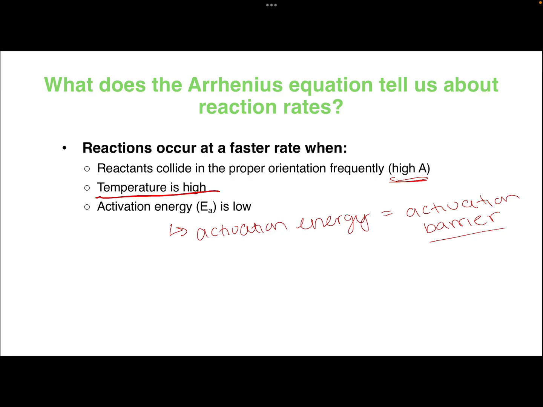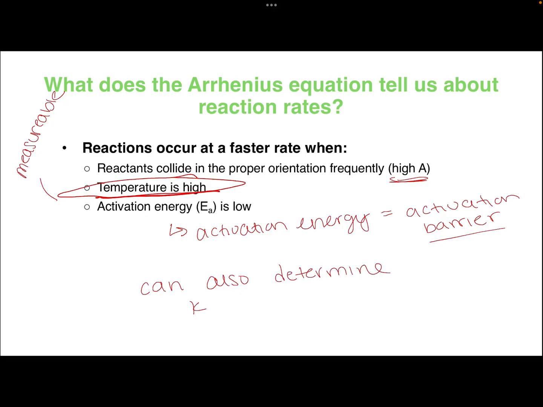But let's focus for this video on this temperature piece. This is really important because temperature is measurable. And what's also measurable is our rate constant. We can determine K from experiments. Something about K is that this value is specific to a specific reaction.